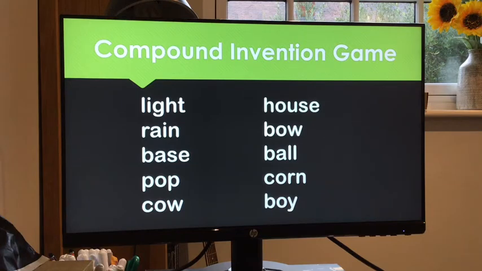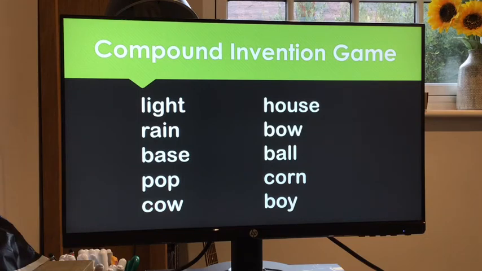So what you need to do is to take a word from the left hand side and attach it to a word from the right hand column to make a compound word. So because we're inventing, it isn't going to be a word that's actually in existence. So you could have a pop house or a cow corn or a rainbow.